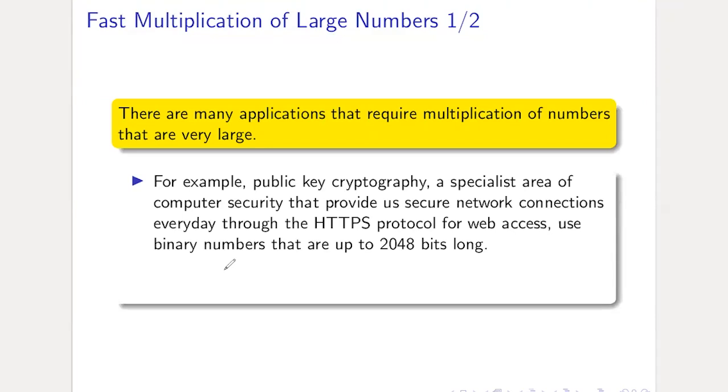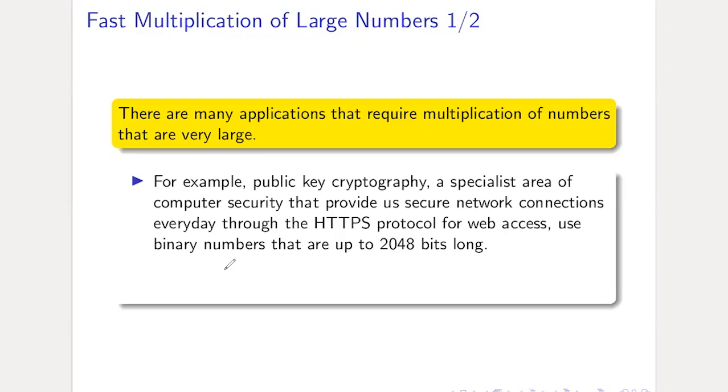It used to be 32-bit integers and 64-bit long integers, but there is a need for many applications to deal with much larger integer numbers. Actually they start from 512-bit, 1024-bit, 2048-bit, and go up to 4096 bits like that.